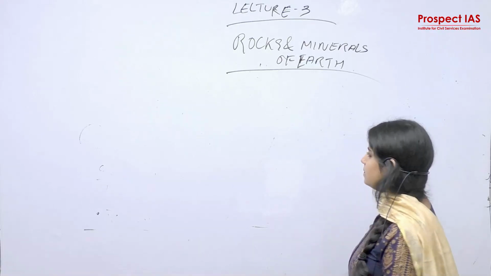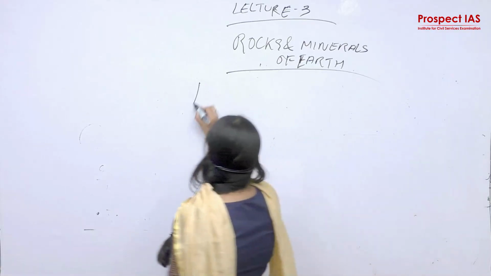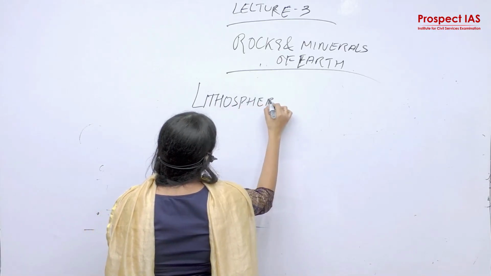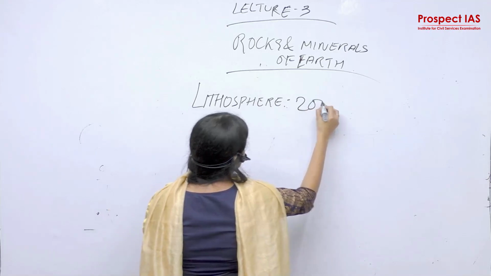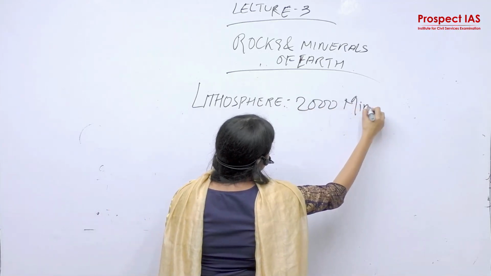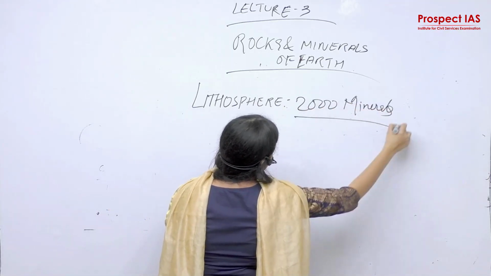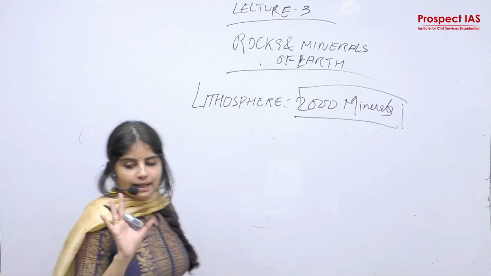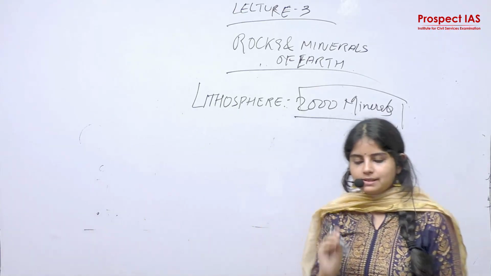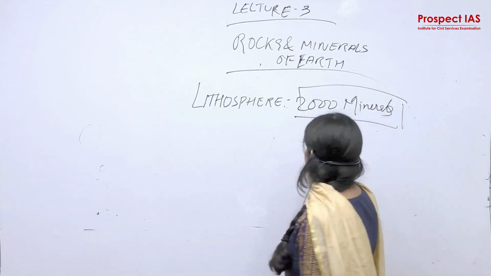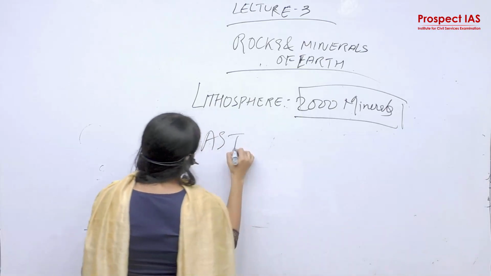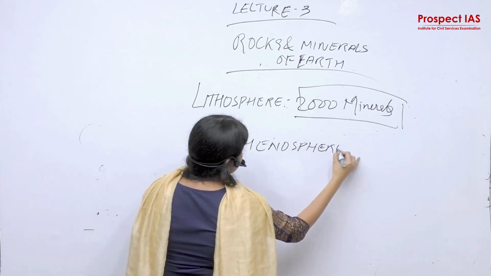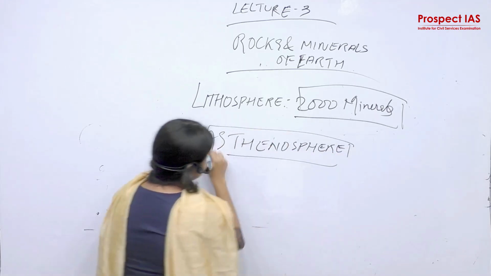So your lithosphere consists of around 2000 minerals. These 2000 minerals are being extracted from 8 major minerals inside the earth. Till now we have only been able to reach the asthenosphere.